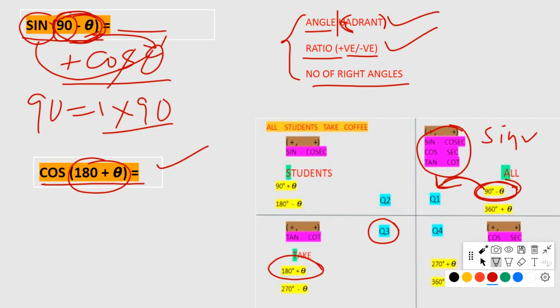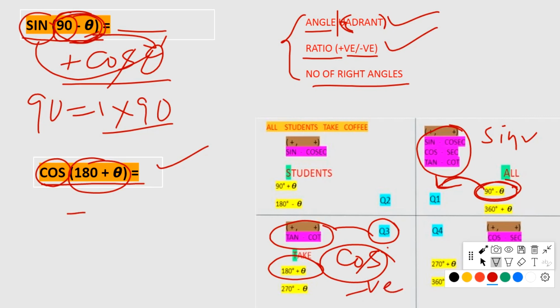Here the ratio is cos. In the third quadrant, does cos have a positive value or negative value? We observe that in the third quadrant, tan and cot are the only positive values. The remaining ratios are negative. So in the third quadrant, cos has a negative value. So our answer has a negative value. So minus.